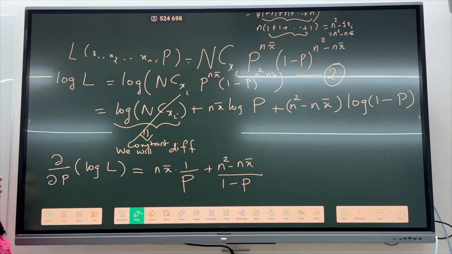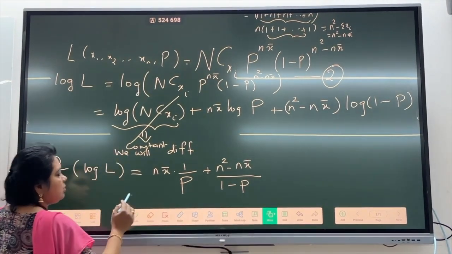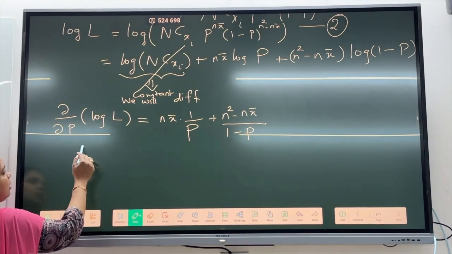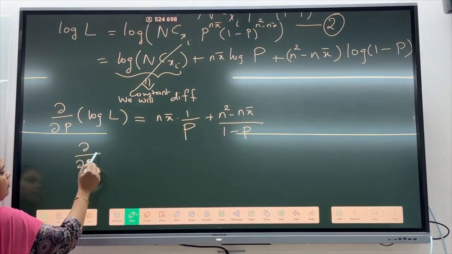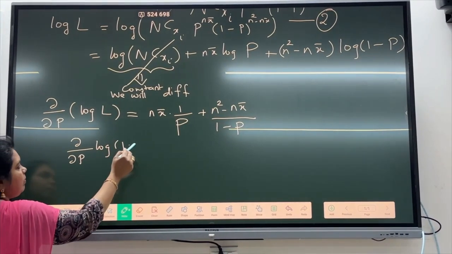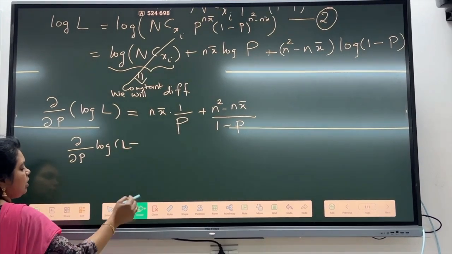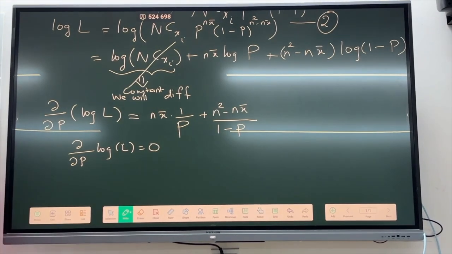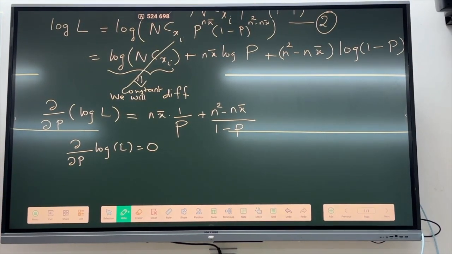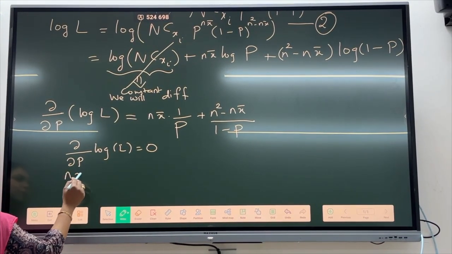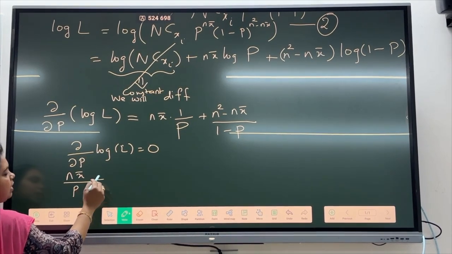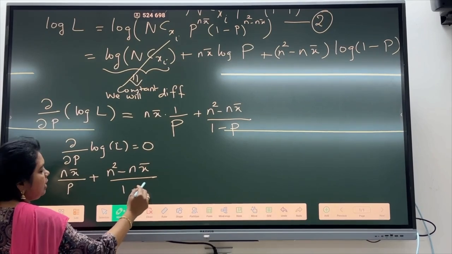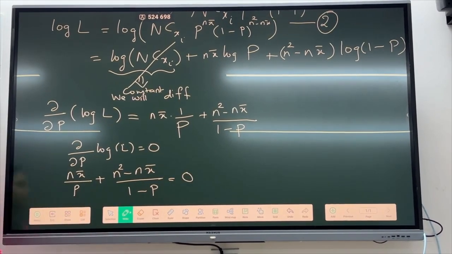Next, for the likelihood estimator, dou by dou P of log L equals 0. So n x bar by P plus N square minus n x bar by 1 minus P equals 0.